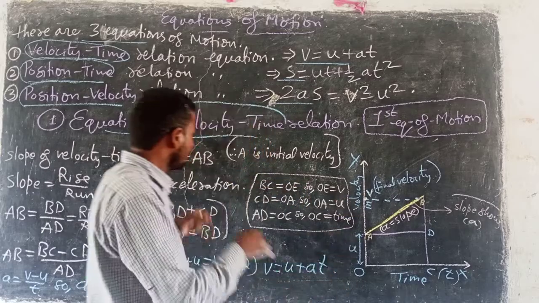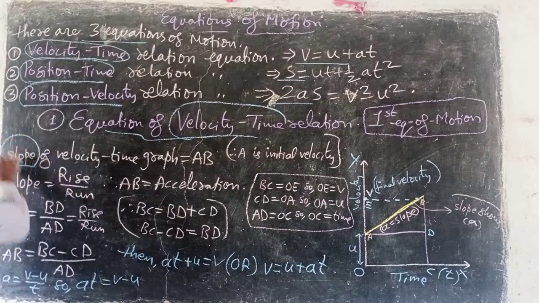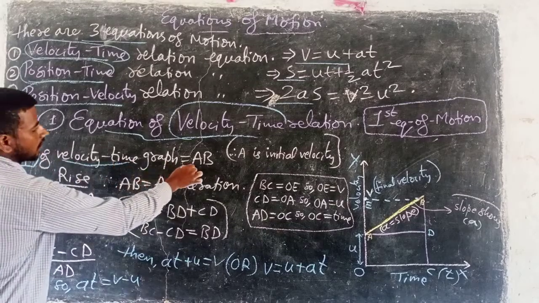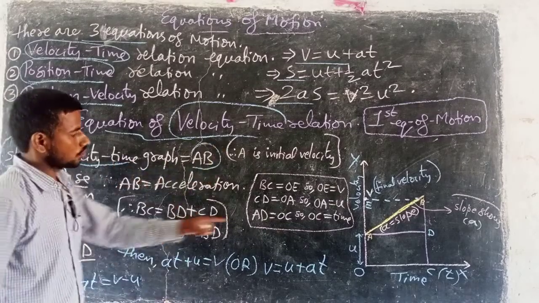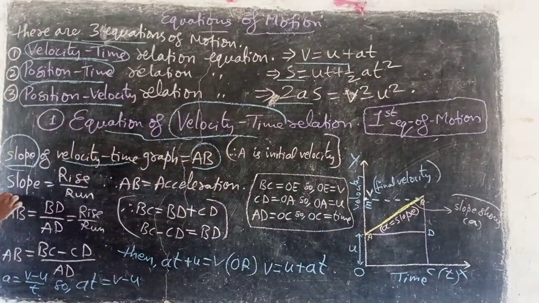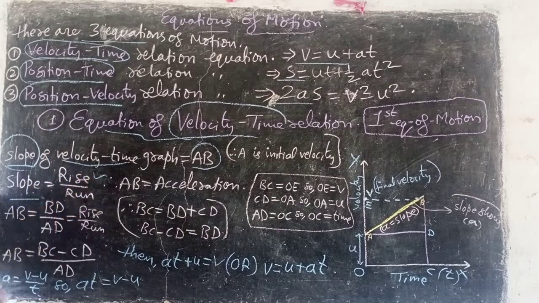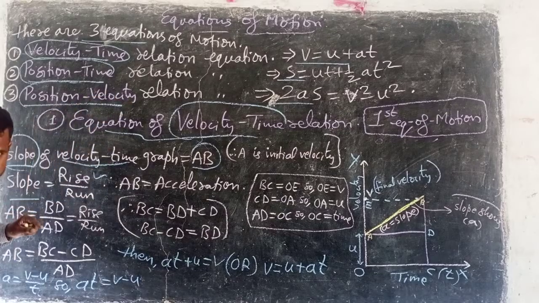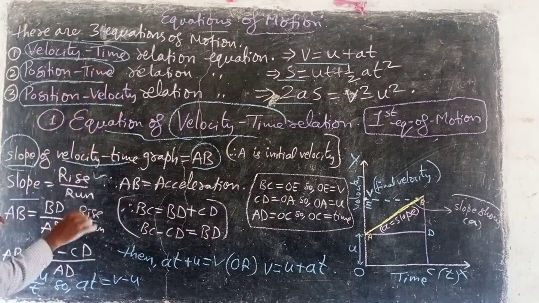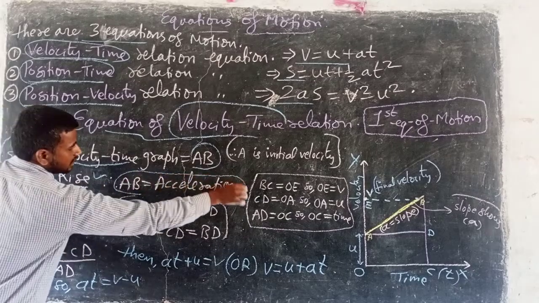Look here, taking it one by one: the slope of the velocity-time graph is AB. Second point, slope is nothing but rise by run. The rise AB is the acceleration line.